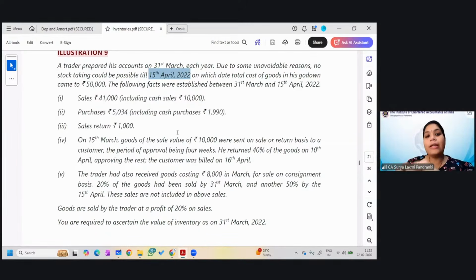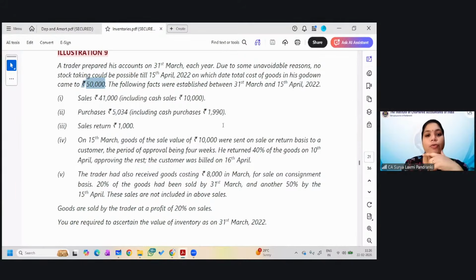So after closing your books of accounts on 31st March, you took 15 days to do the stock taking. So when did you do the physical count? 15th April. Okay, that is done. On which date the total cost of goods in his godown came to 50,000. So on that particular date, he has the value as 50,000.